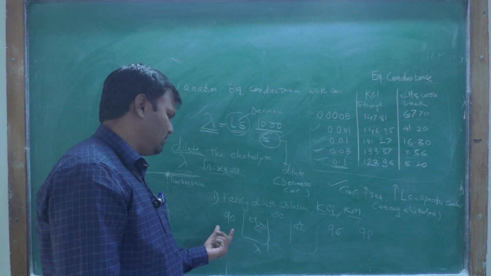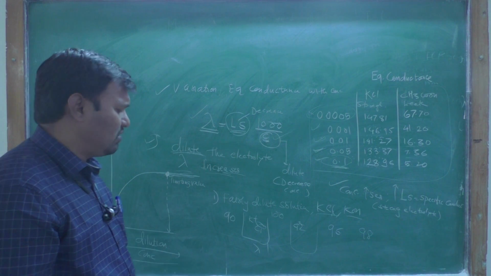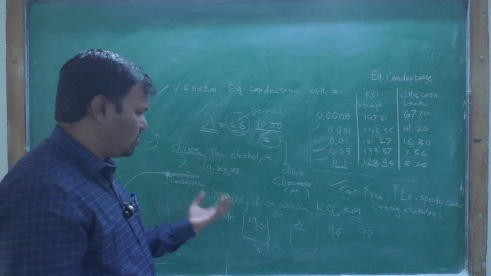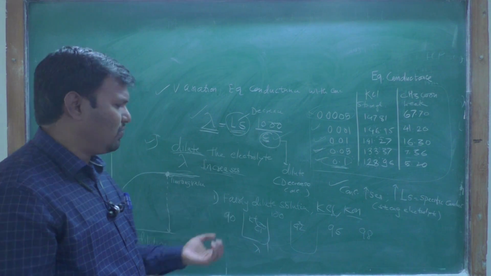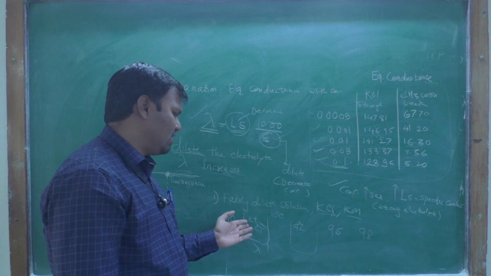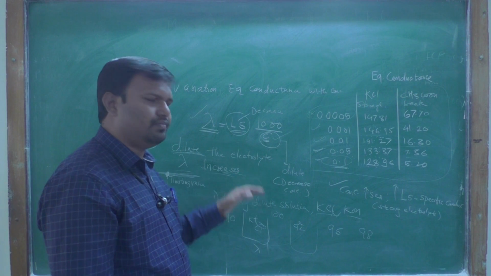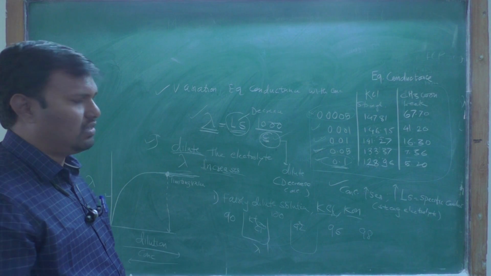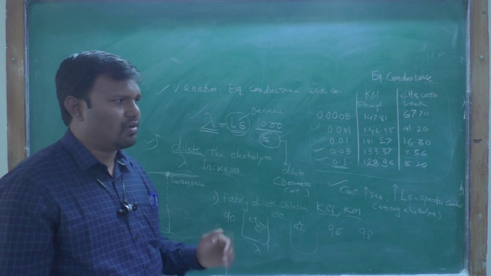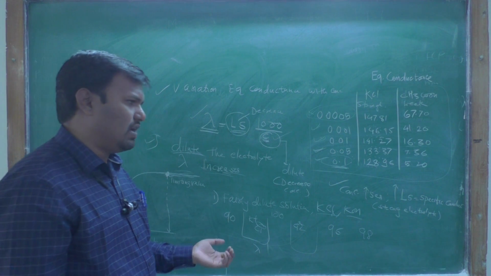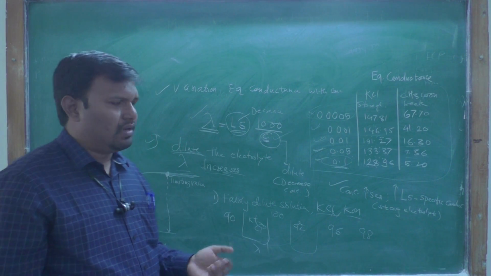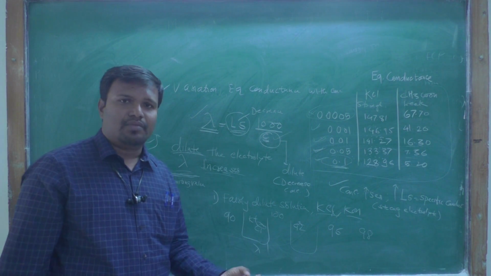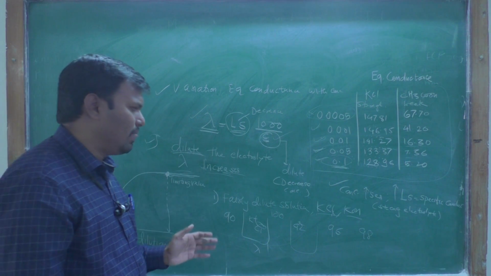But in a weak electrolyte, the number of ions increases as you dilute it, whereas in the strong electrolyte full dissociation takes place.